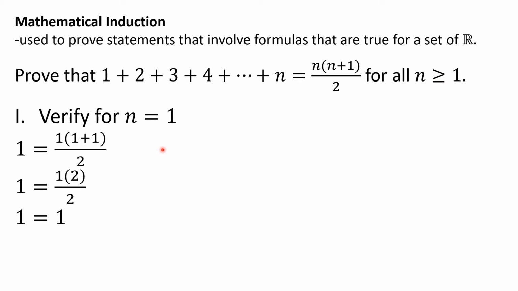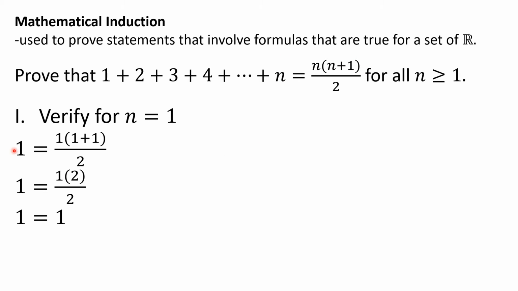So the first step you're going to do is to verify n equals 1. Let's substitute n equals 1. That is condition number 1 of the principle of mathematical induction, that the statement is true for the natural number 1. So we verify if it satisfies our formula for n equals 1.